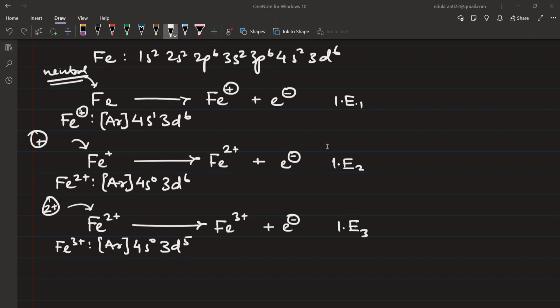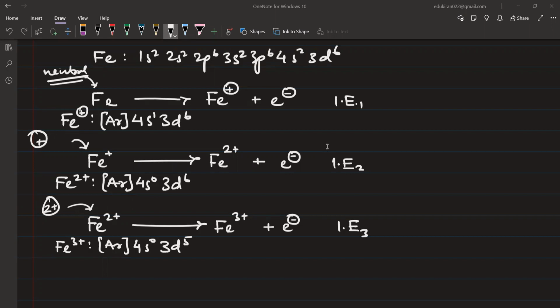What is the charge of electron, Iram? Electron's charge, positive or negative? Negative. So if we have a positively charged species, then it will attract the electron more efficiently, yes or no, than the neutral atom. Yes. So if I have a positive charge, then removing the electron will be difficult, right? Because positive charge is attracting the electron, correct?